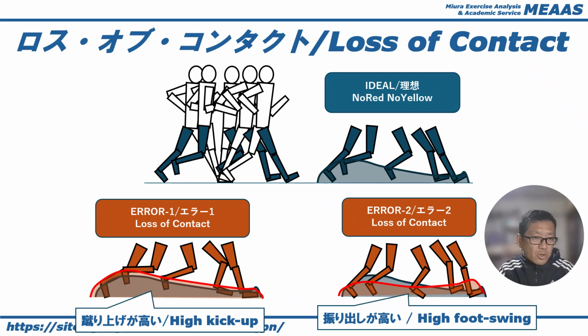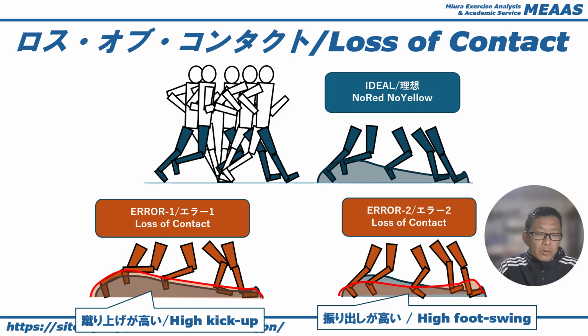On the schema on the left is an example of high kick up, and the right one is a typical example of high foot swing. Both these errors many times usually receive red card and yellow paddles.